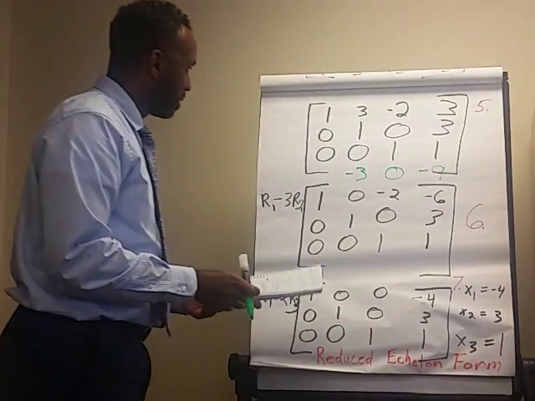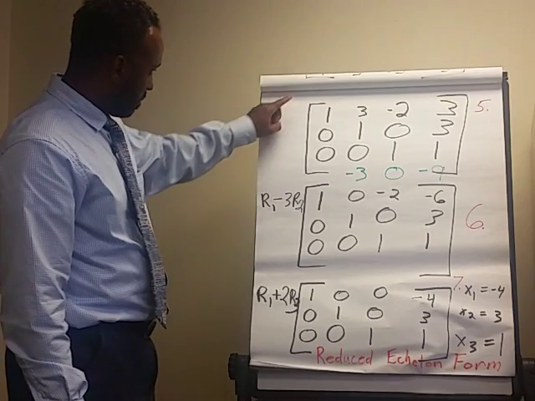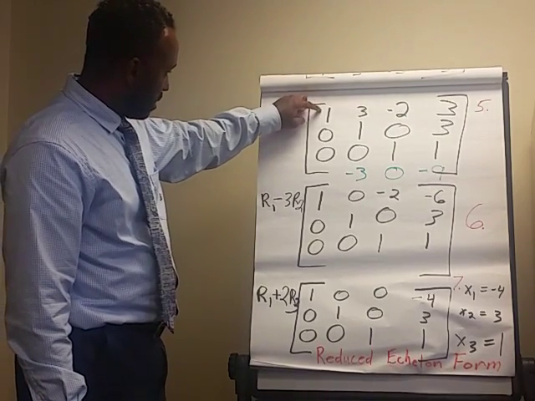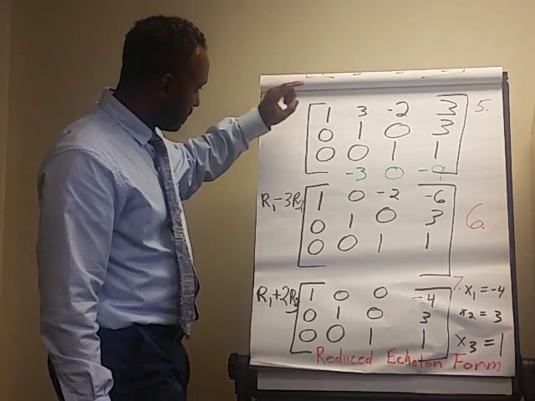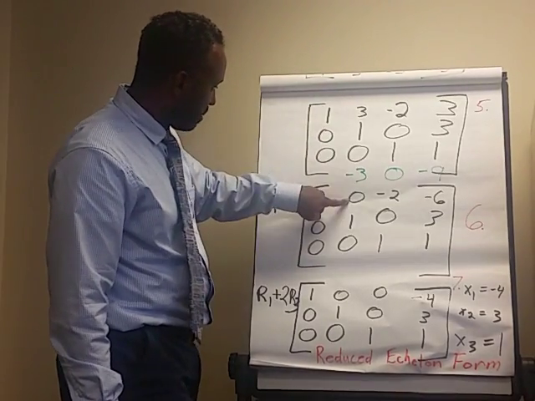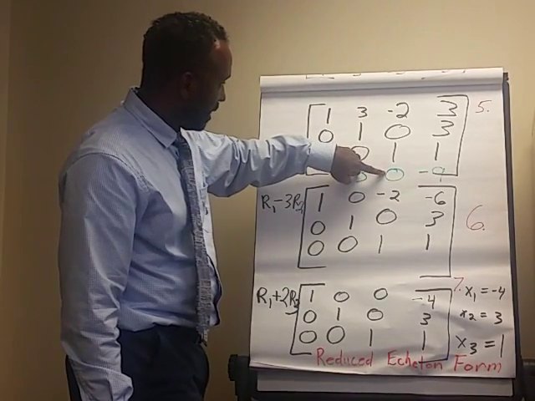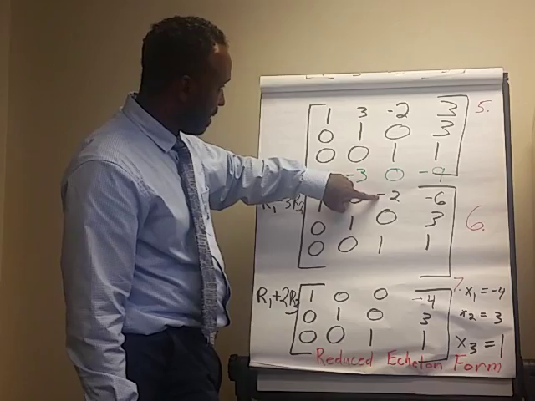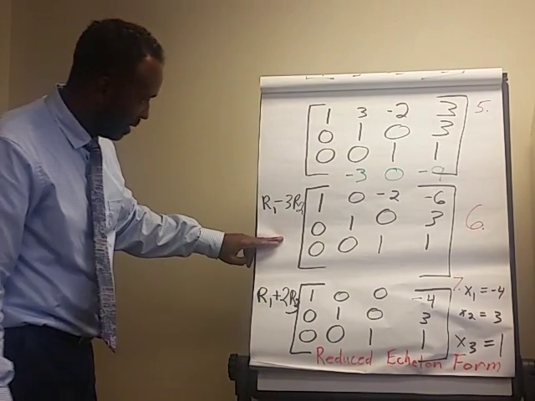When we put those together, we get 1 and 0 is 1, 3 minus 3 is 0. We put these in for the first row: 2 and -2 and 0 is -2, and 3 minus 9 becomes -6.